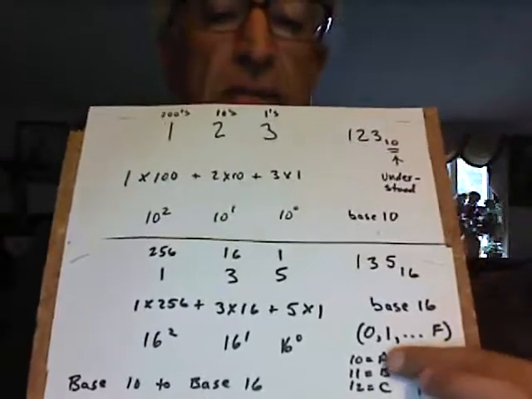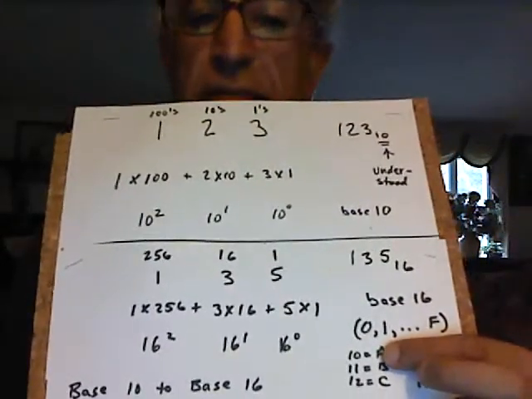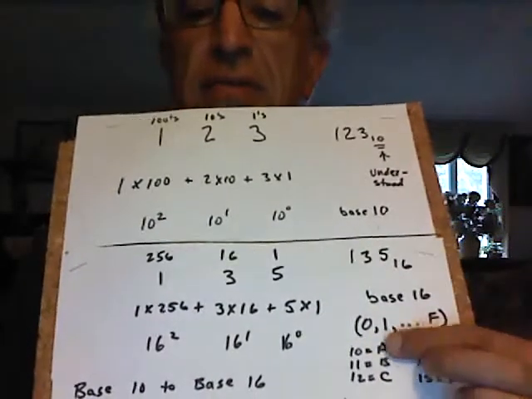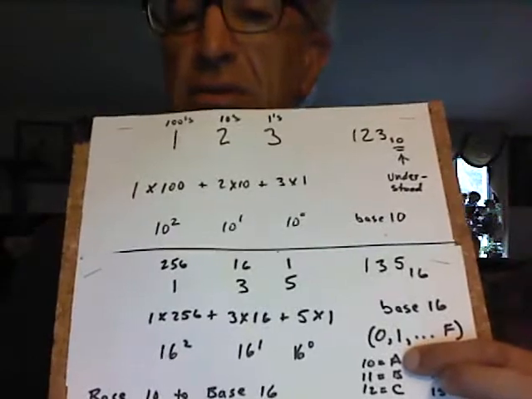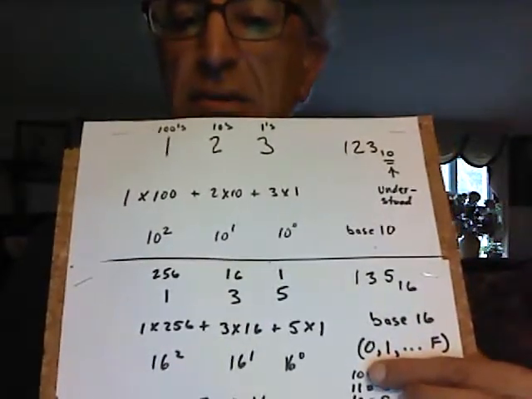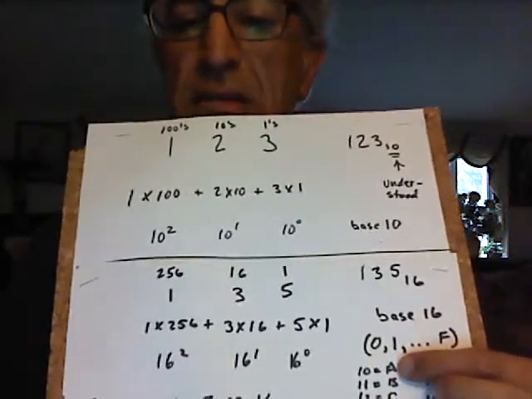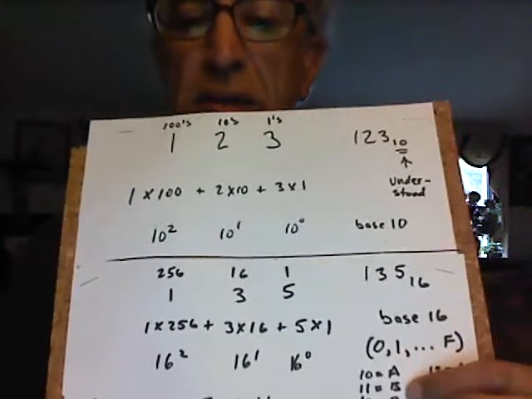But I could have written 10 marbles here. I could have drawn a picture of 10 marbles, and that would have been A. And that would have actually been a little bit more organic for you to understand, instead of using a base 10 number to show you that's what A is in base 16.